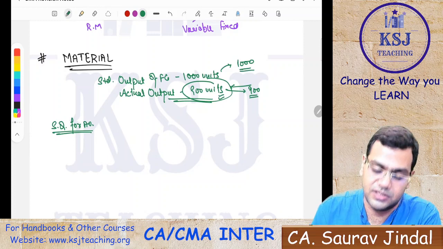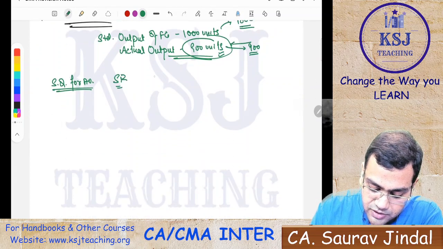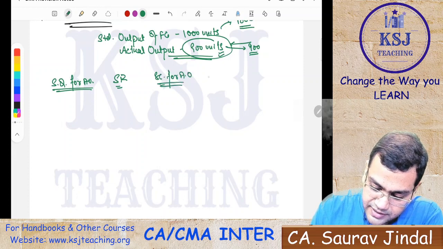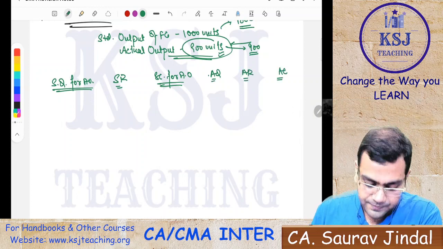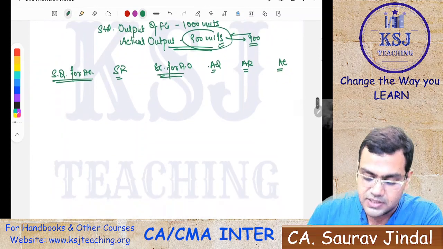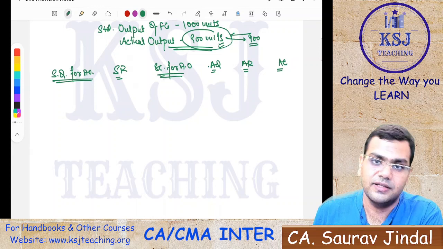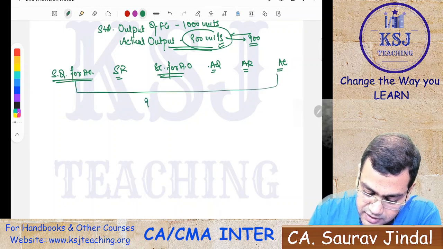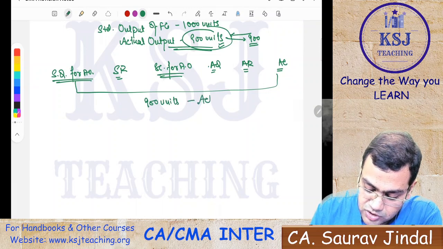The standard quantity for actual output, then the standard rate, from here you will get standard cost for actual output. After that, the actual quantity, the actual rate and the actual cost, right? Now everything is for 900 units. 900 units is my actual output.